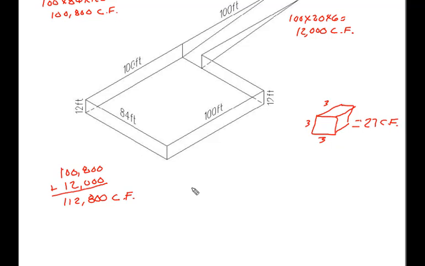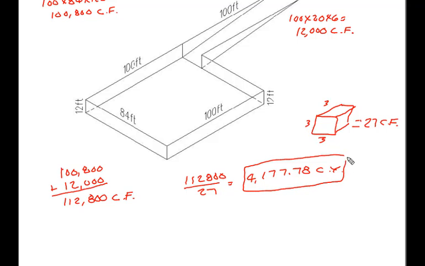So if we divide our 112,800 by 27, that lets us know that we have 4,177.78 cubic yards of volume in this excavation.